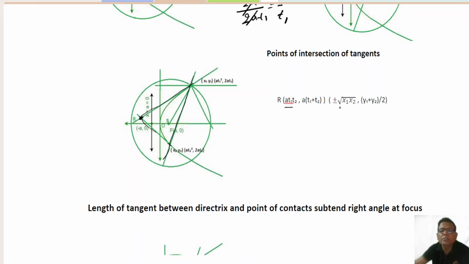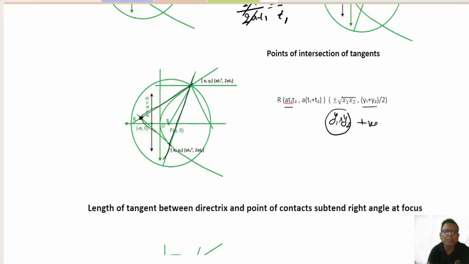In coordinate terms, the x-coordinate is the geometric mean of the abscissas of this point and this point, with plus or minus taken as per the sign of y1 y2. If y1 y2 is positive, we take positive; if negative, we take negative. And for the y-coordinate, that is not an issue, it's just the arithmetic mean of the coordinates of this point and this point.